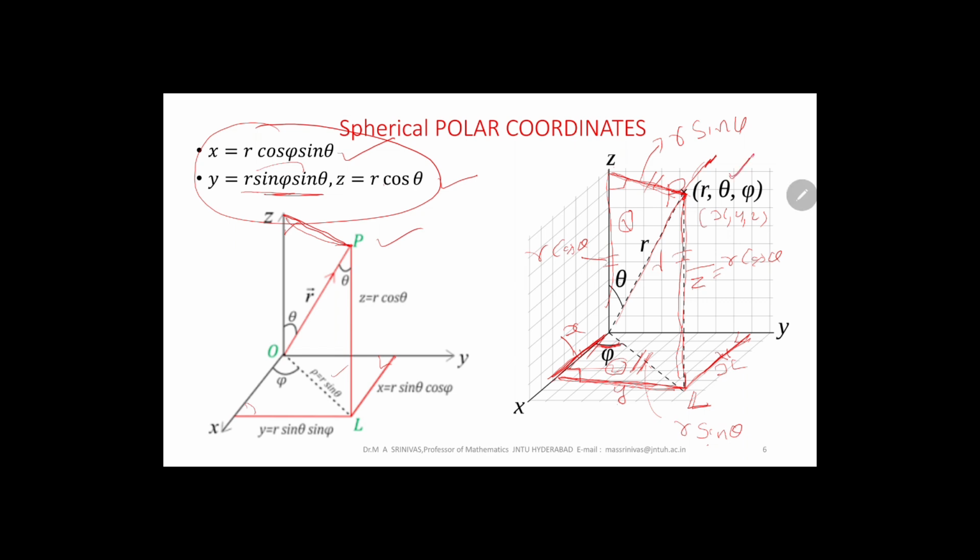We always represent the angle made by OP with the z-axis. So just to remember, z is equal to r with that angle only; z will be given in terms of that angle. Z is r cos theta, x is r sin theta, y is r sin theta, and we have to multiply with cos phi and sin phi.